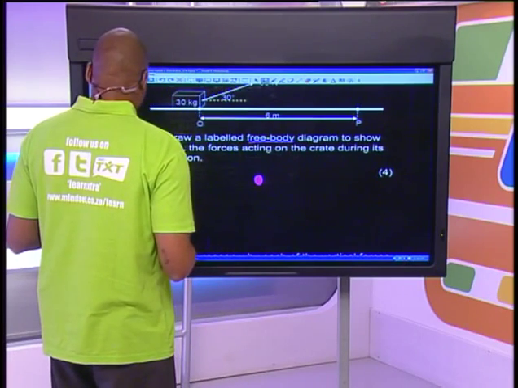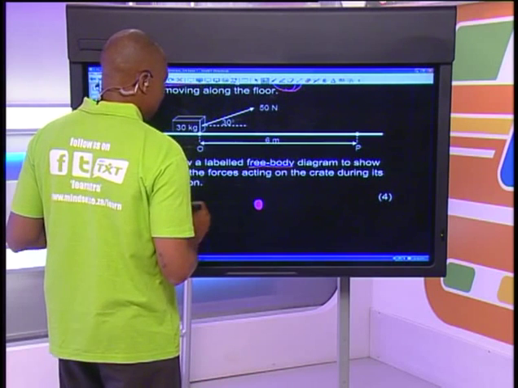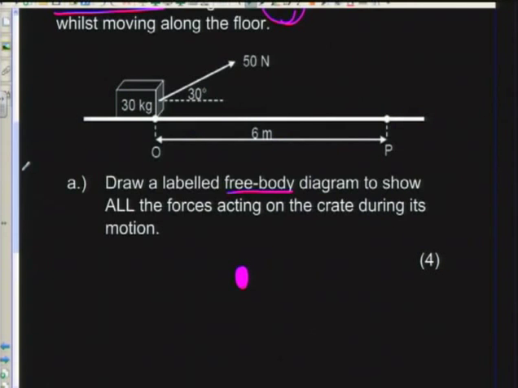Now, which are the forces acting on this crate? One force for sure that we can see immediately is the applied force. So let me call it FA, the applied force, which is the 50 newton force. It is applied at an angle of 30 degrees, so if you like, you can also indicate that.